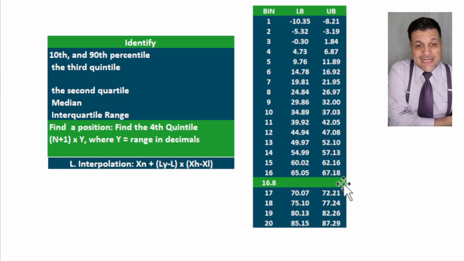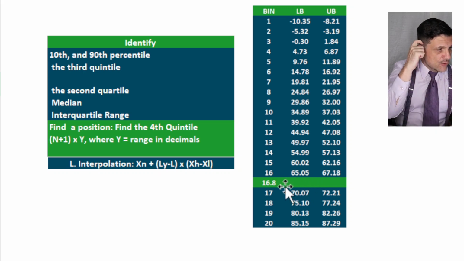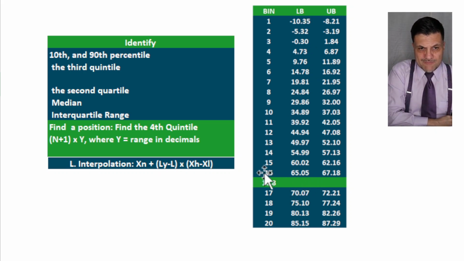So what would be the logical number to put there for the lower bound and the upper bound of 16.8? The upper bound cannot be higher than 70.07 and the lower bound has to be higher than 67.18.